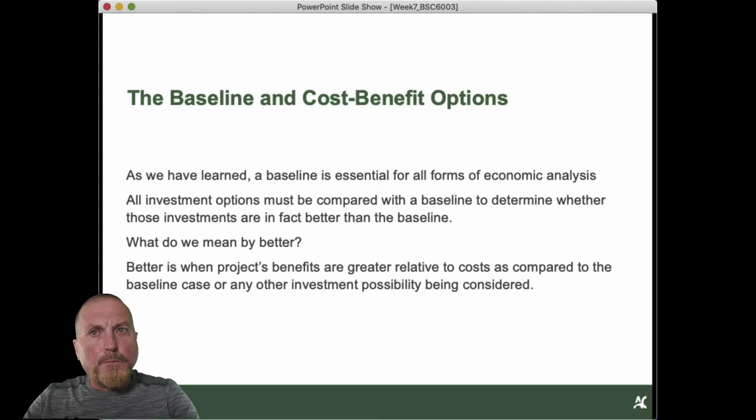So we need to go back and look at the baseline a little bit more fully. If you got a grade that was not satisfactory to you and to me on part 1, then you need to refine your baseline in a spreadsheet table, because that spreadsheet table is what you're going to use to compare the baseline with a cost-benefit analysis of your options 1, 2, and 3 of making a greener building.